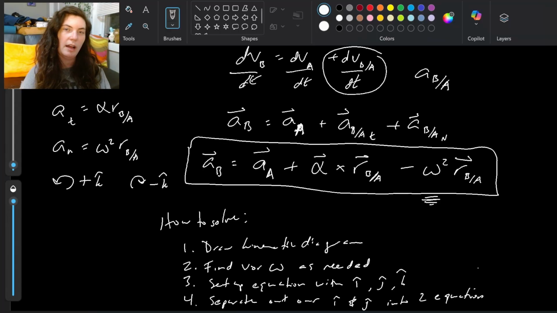And from there, usually we'll have two unknowns, and we'll be able to solve for both of those. And those unknowns are typically going to be your acceleration of B and your angular acceleration. Those are typically the unknowns.